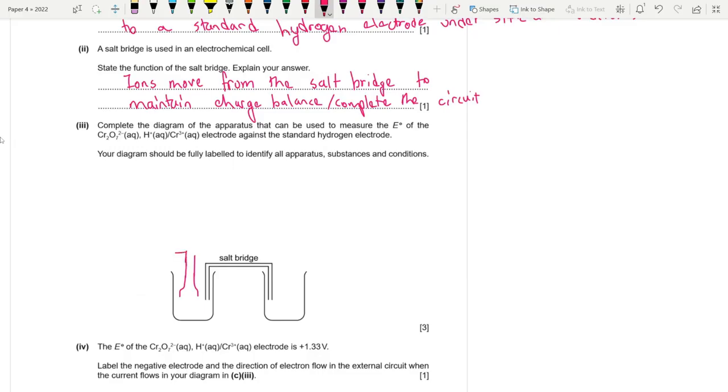So it's going to be like this. We are going to pass in hydrogen gas at 1 atm pressure, and we need a platinum catalyst.